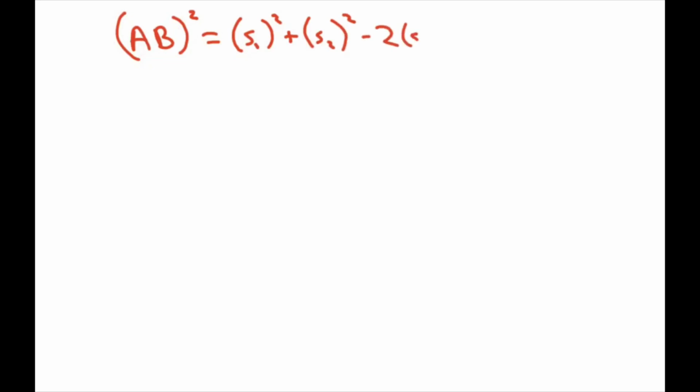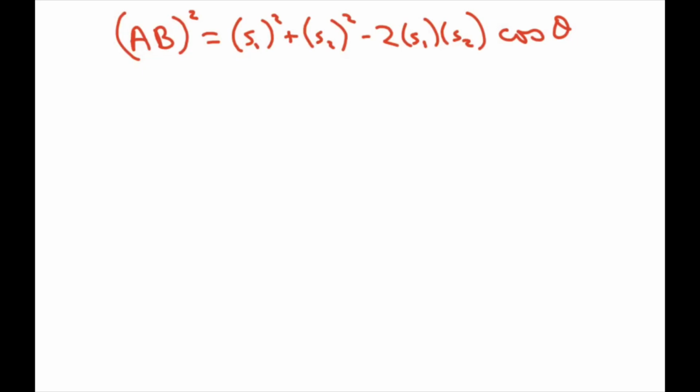When you have two sides like that, for AB we use the law of cosines formula: side 1 squared plus side 2 squared minus 2 times side 1 times side 2 times cosine of my angle.